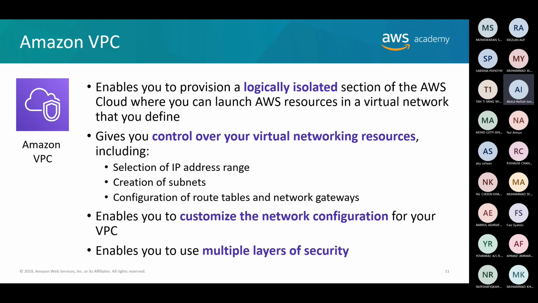For example, you can create a public subnet for your web servers that can access the public internet. You can place your backend systems such as databases or application servers in a private subnet with no public internet access. And finally, you can use multiple layers of security, including security groups and network access control lists, network ACLs, to help control access to Amazon Elastic Compute Cloud, Amazon EC2 instances in each subnet.